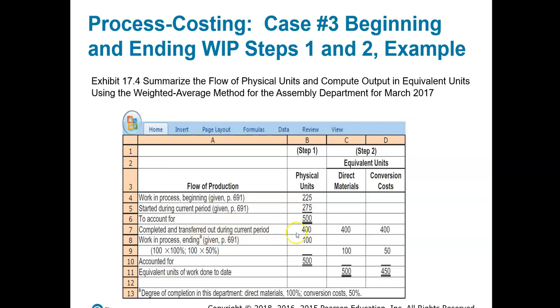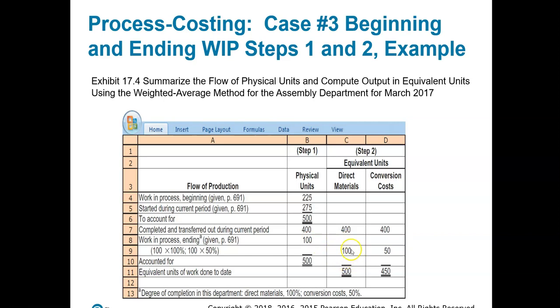Remember that units completed and transferred out during the current period are complete with the direct materials and complete with the conversion costs, so those are 100% complete. With ending work in process inventory, we had partially completed units, and we're restating them as if they were fully complete. In March, the direct materials are added at the beginning of the process, so the fact that we're working on them means they are fully complete with respect to direct materials.